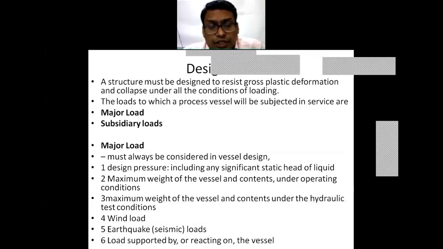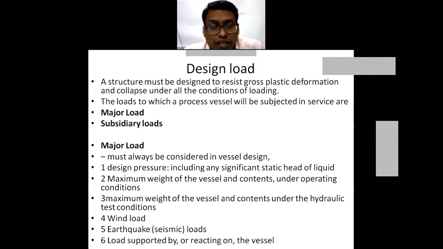For hydraulic testing, I am using different fluids; generally it's water that is taken for hydraulic testing, and at that time what must be the weight of the vessel and the weight of the contents that will be there. Next is your wind load.